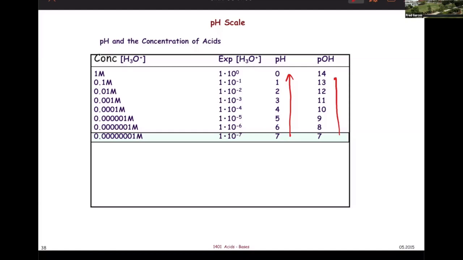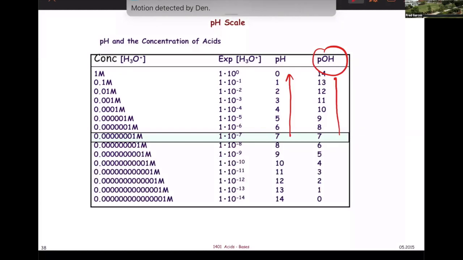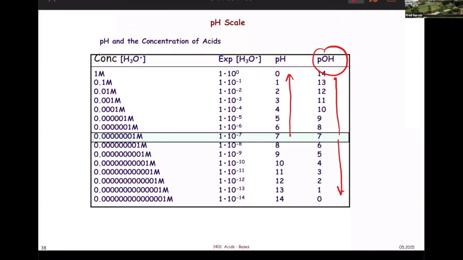On the other hand, when the pOH gets bigger, you also have a more acidic solution. Notice when the pOH gets bigger, you also have a more acidic solution. When the pOH gets smaller, you have a more basic solution.